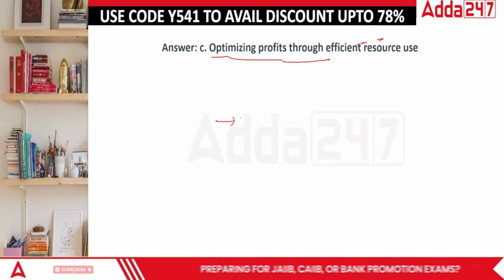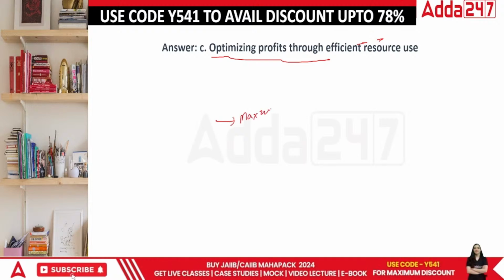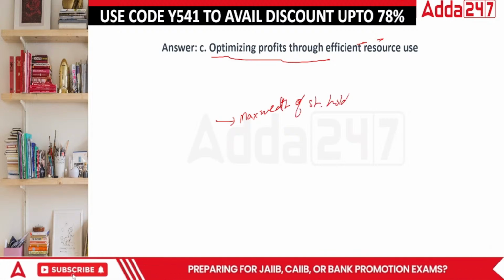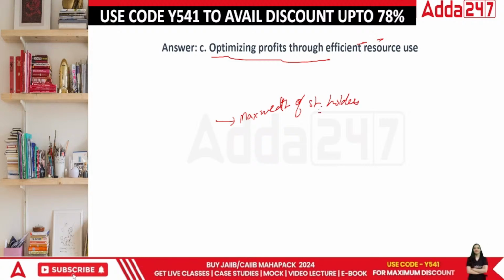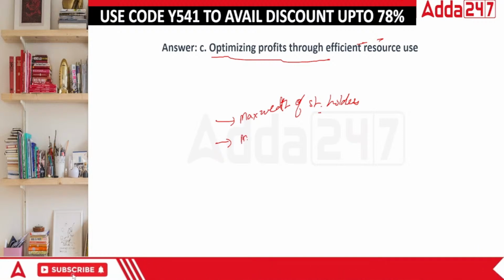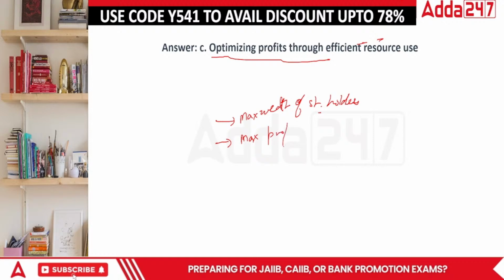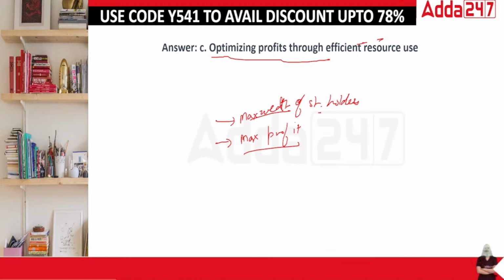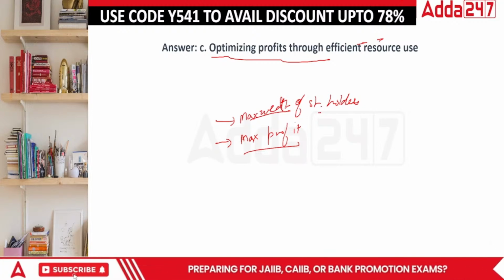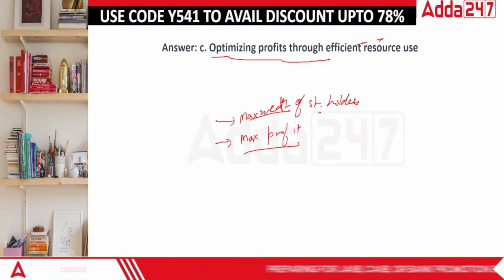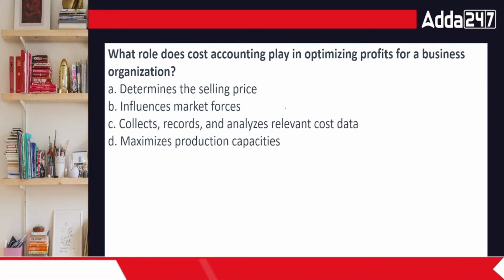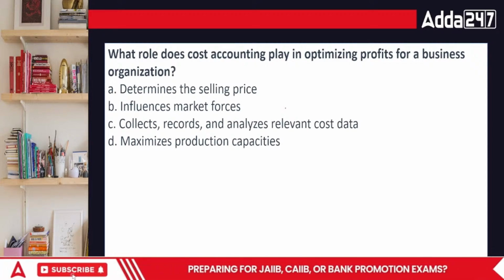One is maximizing the wealth of shareholders, and the second point is maximization of profit. So we have profit and wealth maximization. Profit is for the organization, wealth is for the shareholders. But think about it, if we increase our profit, then automatically we increase our shareholders' wealth as well, if we are ethical, definitely. These are the two things. Costing also follows the same.